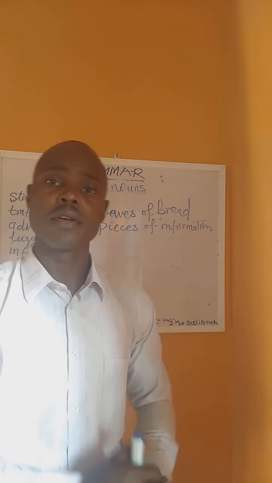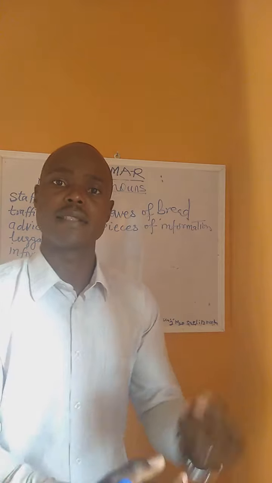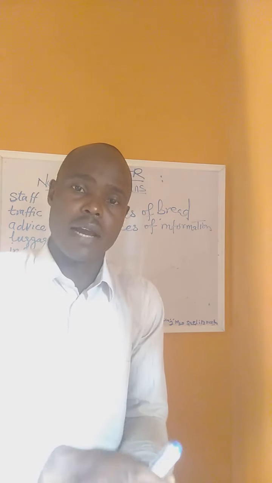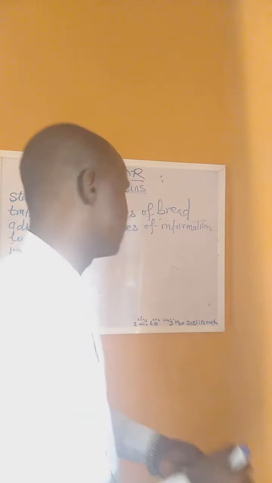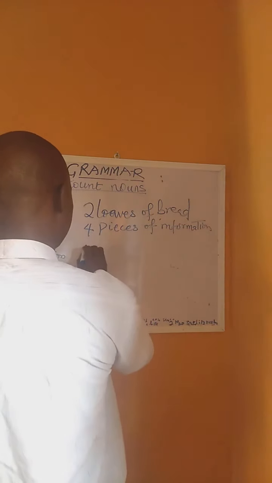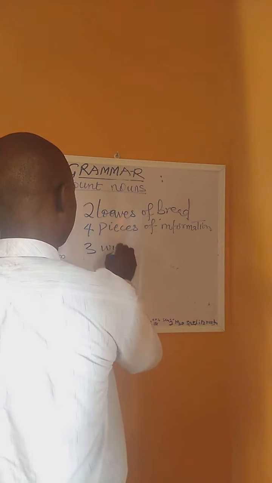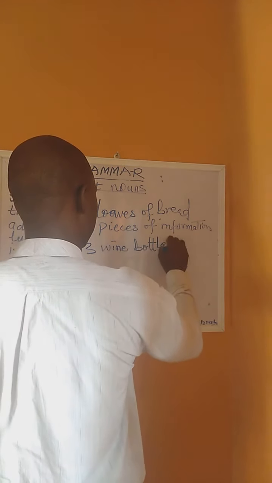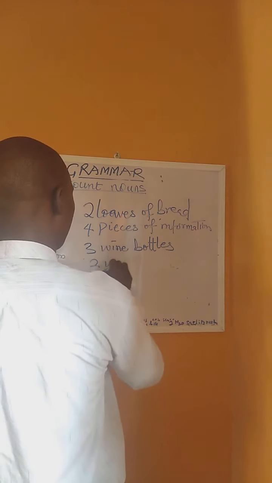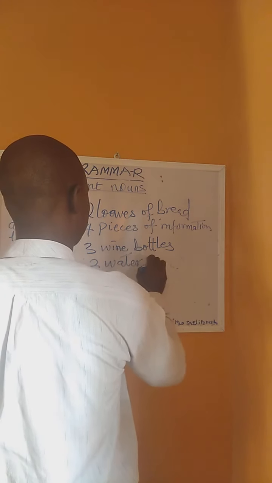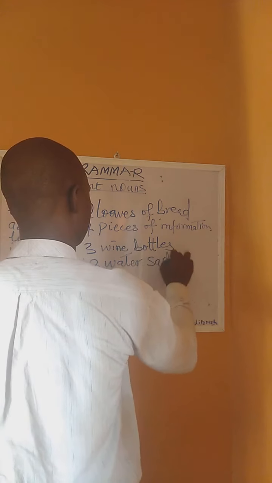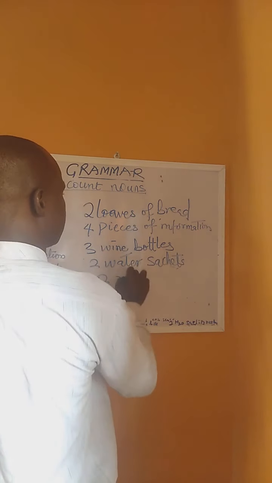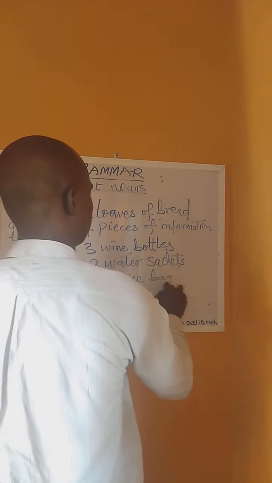Take note. Another way you can quantify these nouns is by using these mass count nouns as adjectives. How do we mean? For example, three wine bottles, two water sachets, twelve rice bags.